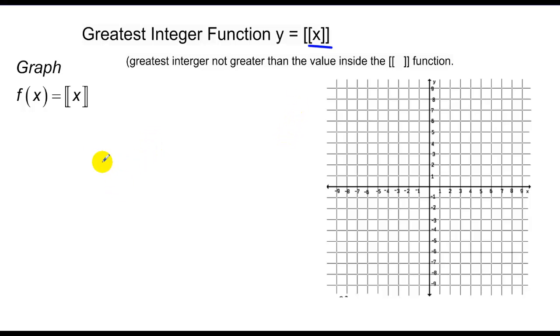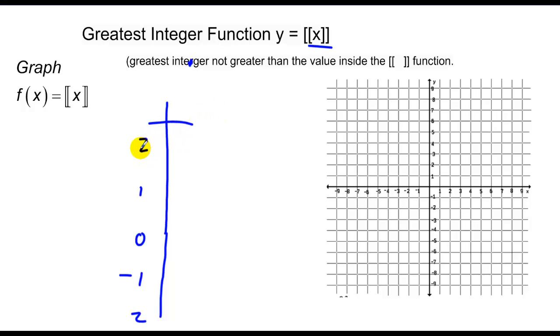So if I graph the greatest integer function, I'm going to pick some points: 2, 1, 0, -1, and graph the integer that's not greater than the integer that I plug in.